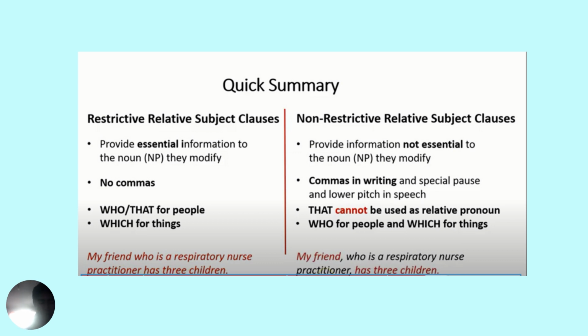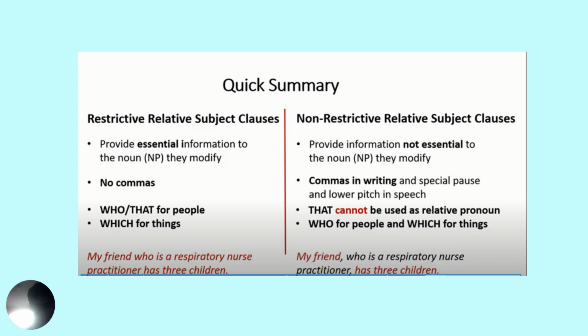The first two sentences carry two different meanings. The restrictive one is selecting, limiting, restricting my friend who is a respiratory nurse out of all the friends that I have who have three children.